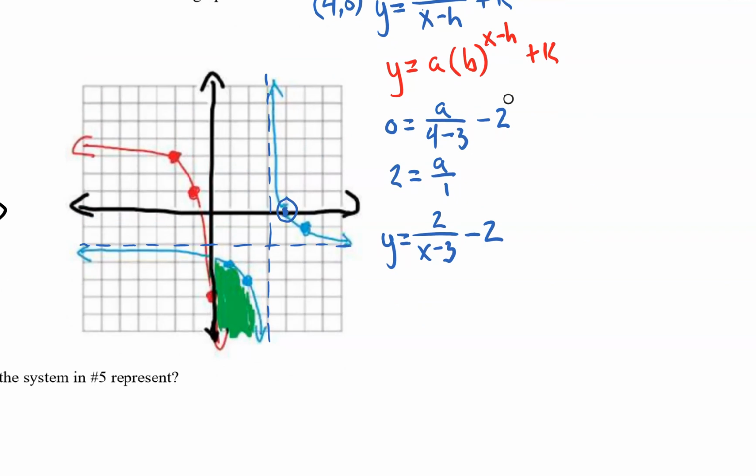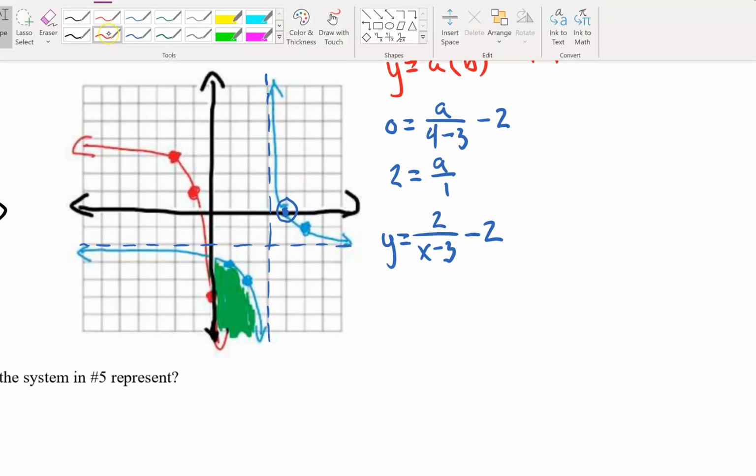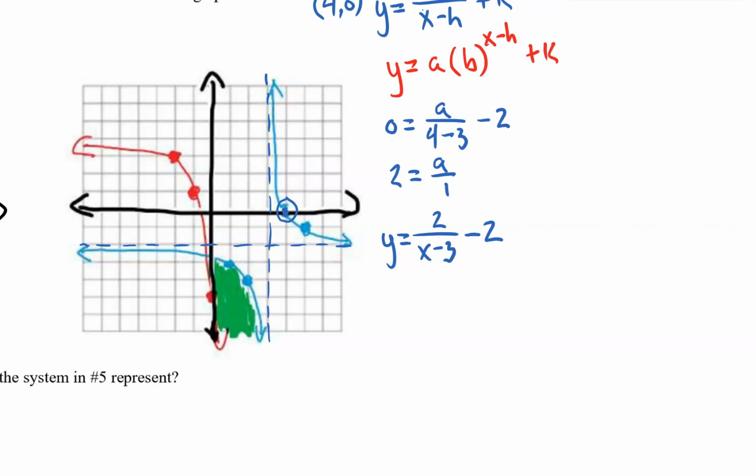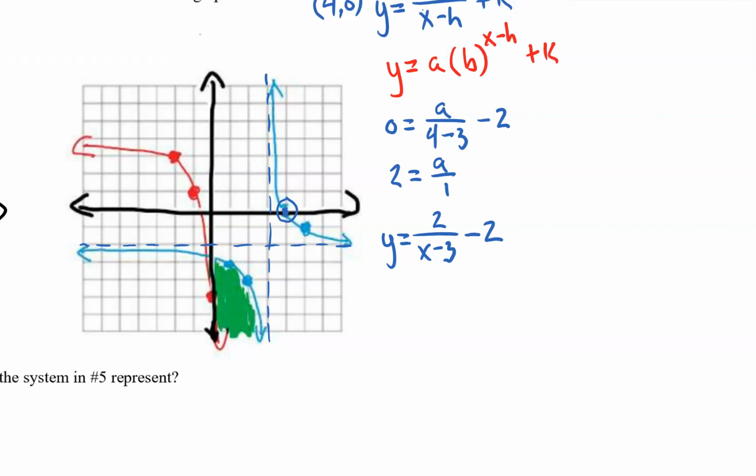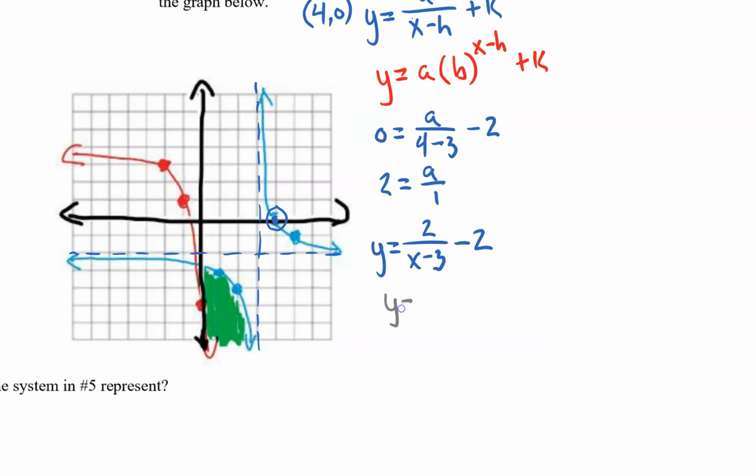This one's a little trickier because it's an exponential function. So the one thing that I would want to do here is figure out how this thing got shifted. Normally the parent function for one of these, I'll just pick 2 to the x.